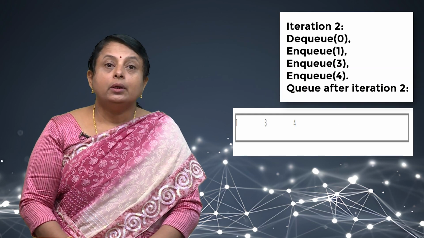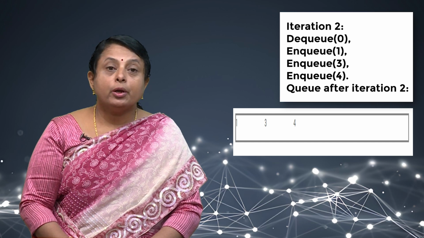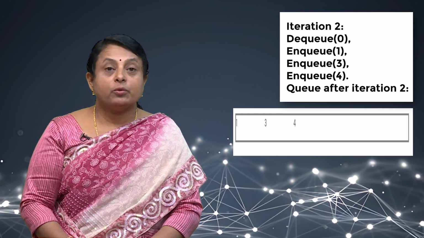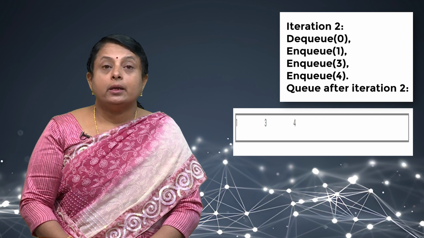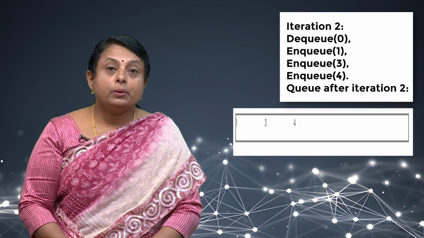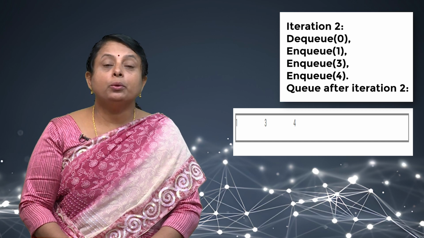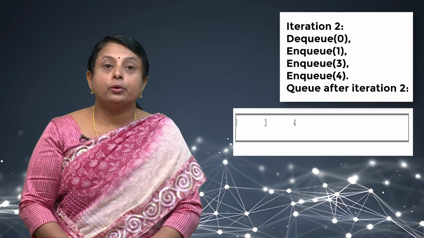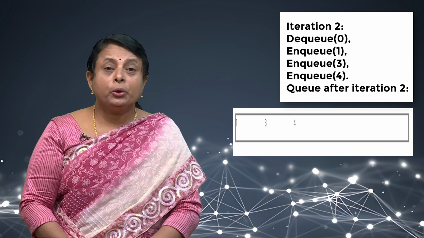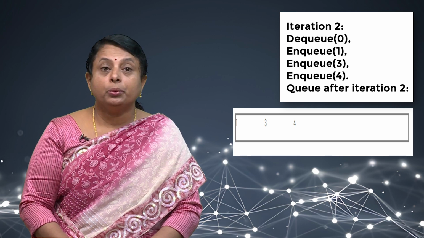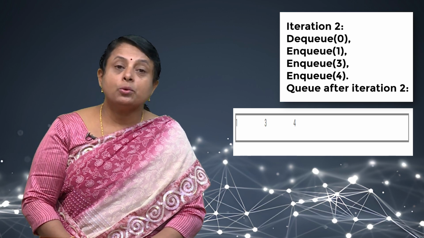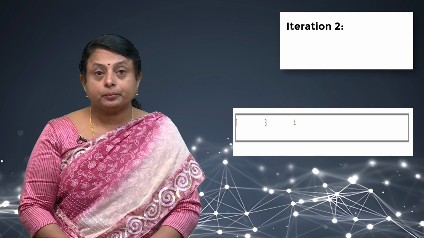Iteration 2, dequeue 0, that is remove 0 and put it in the visited list, and add adjacent nodes of 0, 1, 3 and 4 into the queue, that is enqueue 1, enqueue 3, enqueue 4. Queue after iteration 2 will be having 3 nodes 1, 3 and 4.